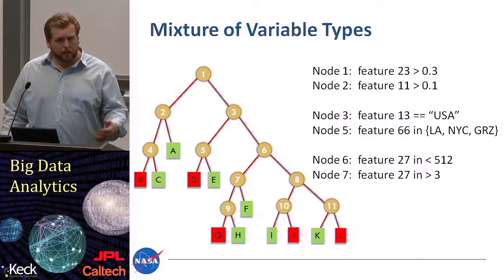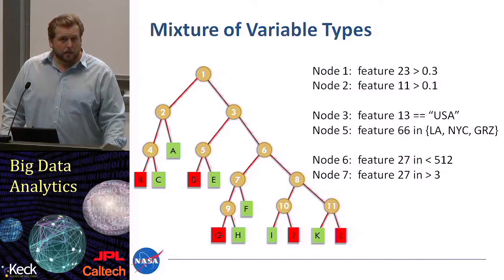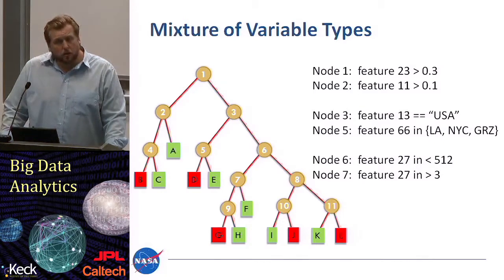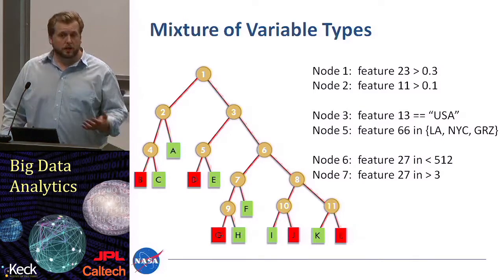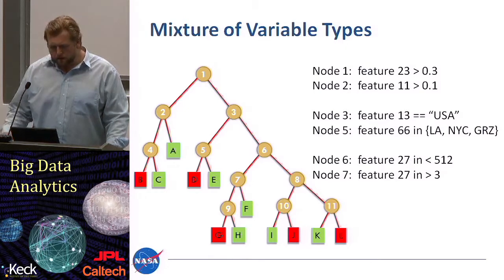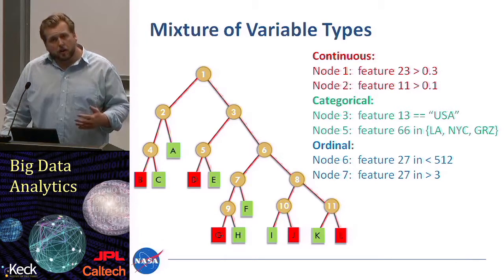We could have categorical variables, like countries or cities, or we could have ordinal variables where we have an ordering on something. We could also have more complicated structures, so some mathematical objects like matrices or vectors, which are the samples in that case.